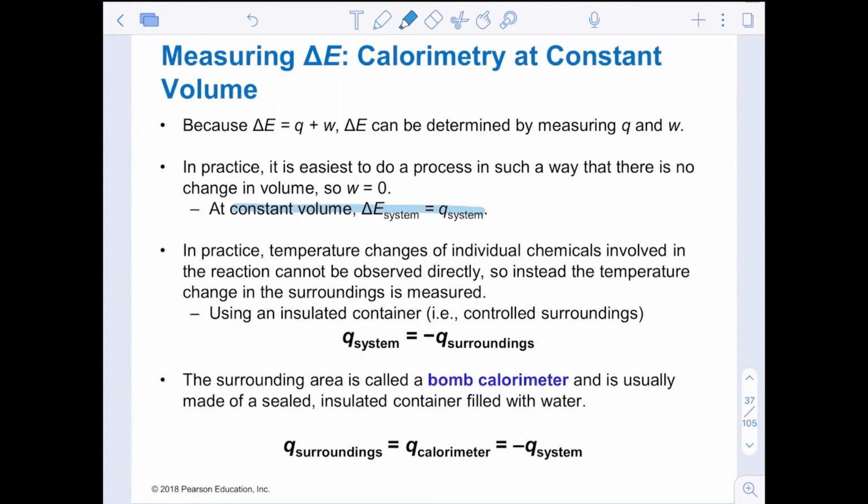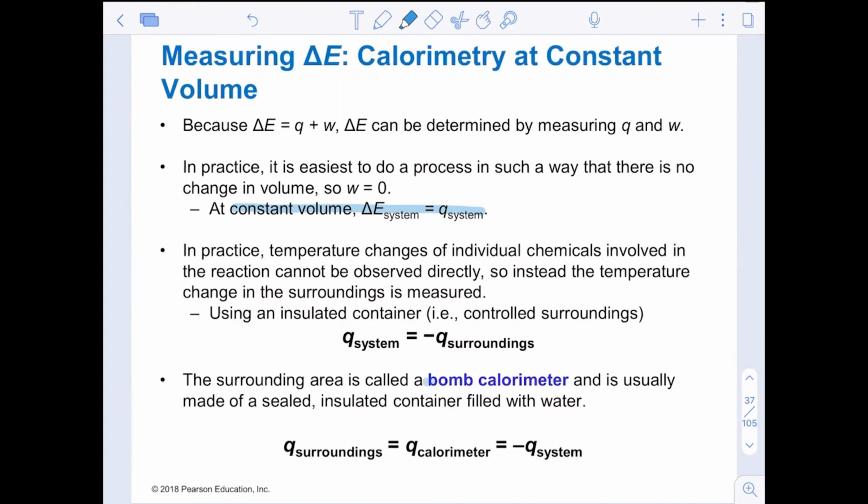So what we will be using in quantifying this change of energy in calorimetry is measuring the surroundings. Surroundings are going to typically be water, and that is controlled in constant volume calorimetry. We will be using an insulated container for all of our calorimetry experiments.